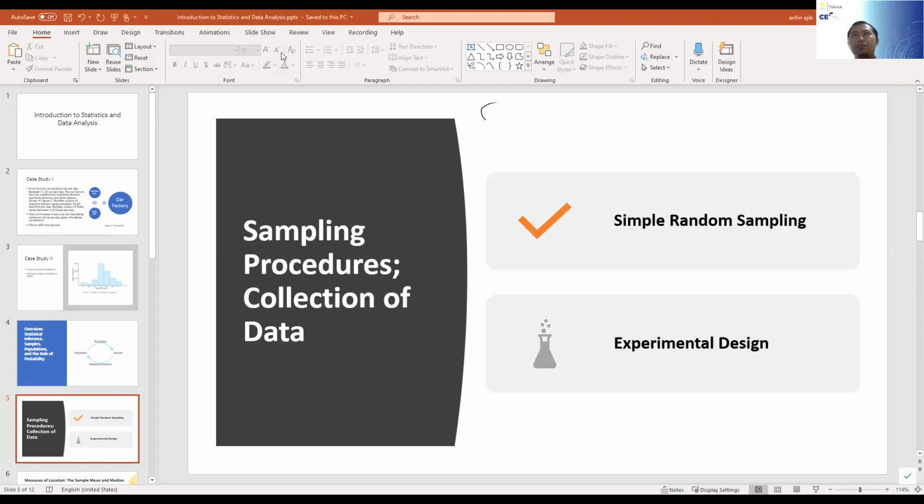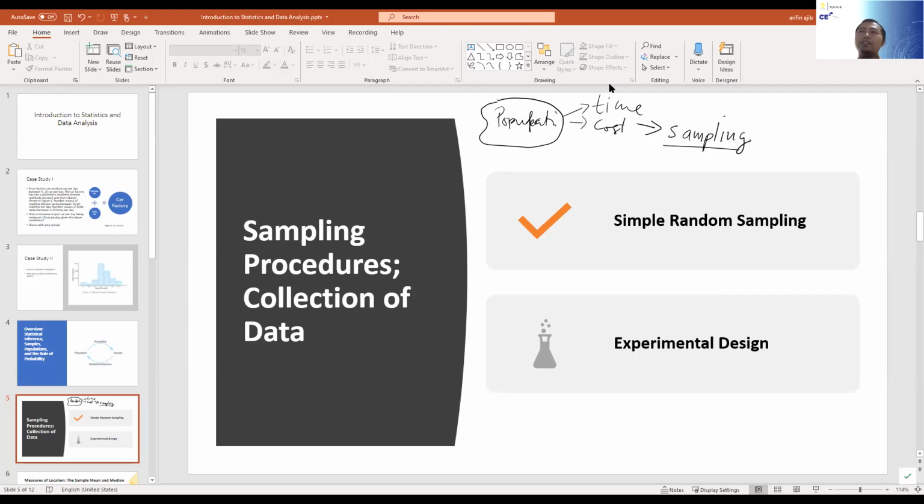Actually, when we have a population, because of limited resources, I mean limited time and limited cost, we have to conduct sampling. But we have to make certain criteria to do sampling.